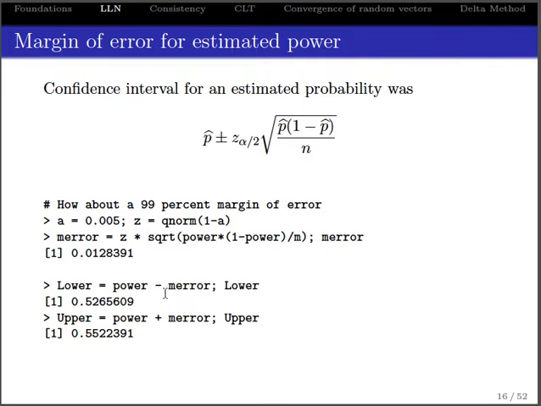Why not have a higher than usual confidence in these simulation examples, since sample size is so cheap? The lower confidence limit is the estimated power minus the margin of error. The upper confidence limit is the estimated power plus the margin of error, and we get a confidence interval from about 0.53 to about 0.55.